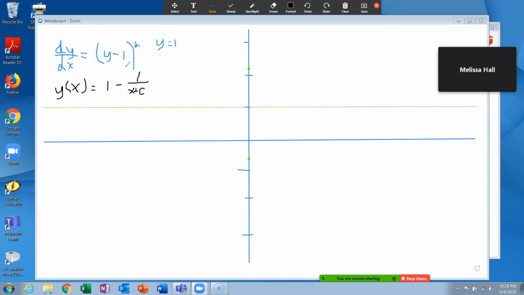Now, I was kind of expecting them to say verify. If you did need to verify, you'd have to take a derivative of this, and I would have written this as minus, parentheses x plus c, to the -1.